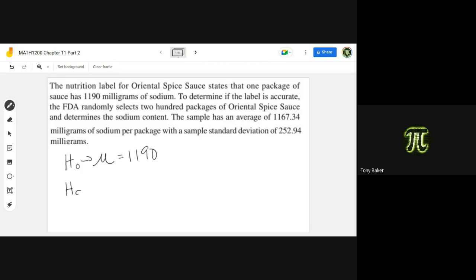What's the alternate hypothesis? Mean is not equal to. Yeah, because it says we're trying to determine if the label is accurate, correct? So low or high, it still would not be accurate. So yes, we're going to do not equal to in this case. All right, so this is a two-tail test.